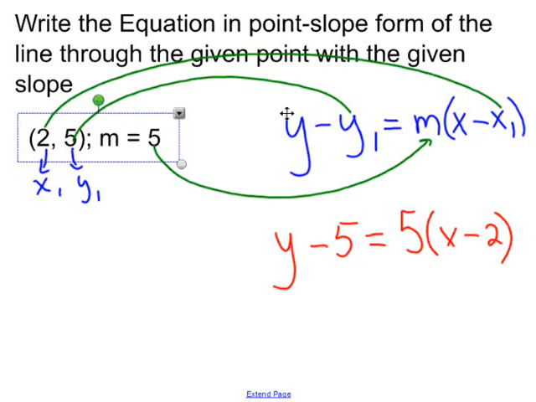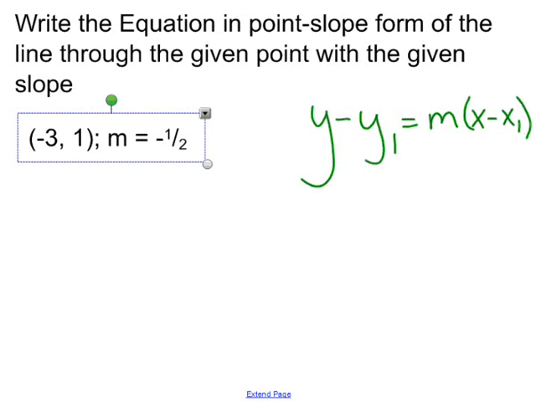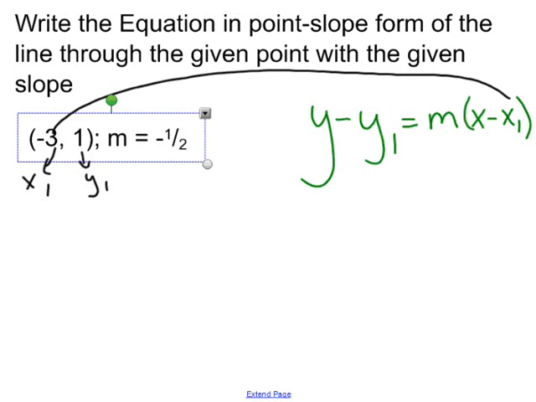Okay, let's try one more of those. We're going to have the point (-3, 1), and the slope m is equal to -1/2. So again, just write the formula. The more times you write it, the more you'll remember it. This is my x1, and this is my y1, and then I just put them right where they go.